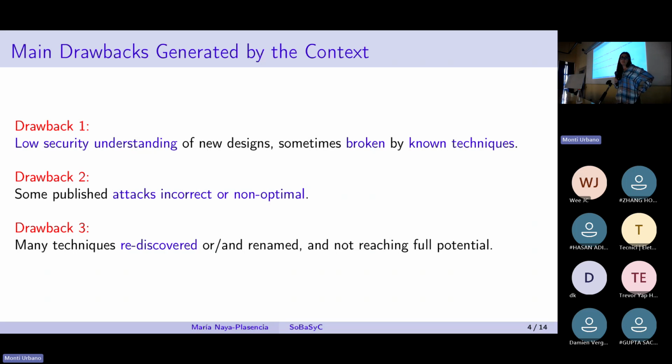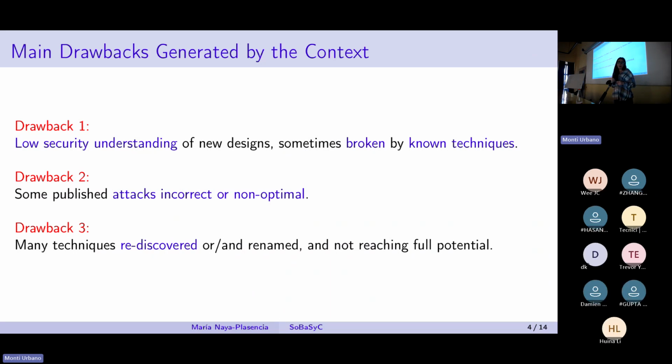And that's a pity, because then we are basing our trust in the primitives on things that are not correct. Then all the modus operandi that I presented in the beginning doesn't work if the results we are relying on are not good.